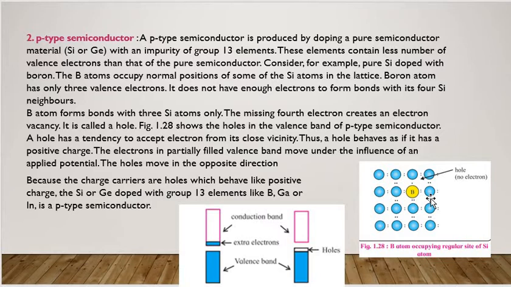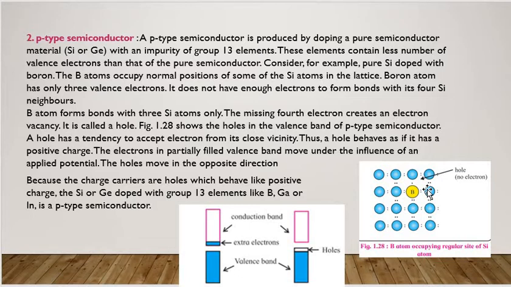So in this case, what will happen? Boron forms only 3 bonds with 3 silicon atoms. As you are seeing, it is forming with this and with this silicon atom, but one hole is created, or the missing 4th electron creates an electron vacancy, which is called a hole.